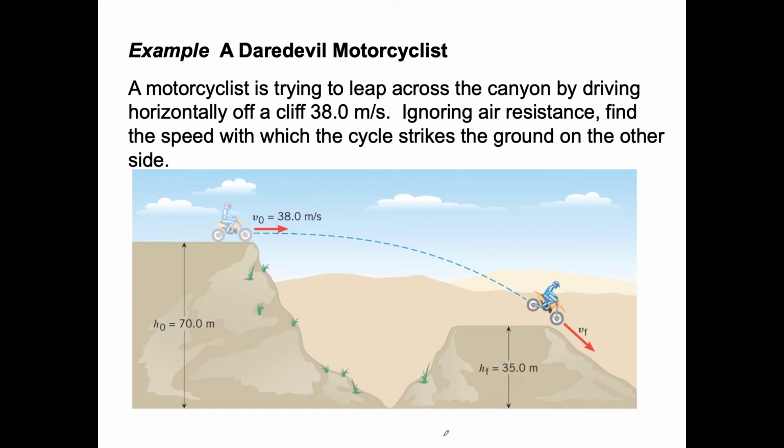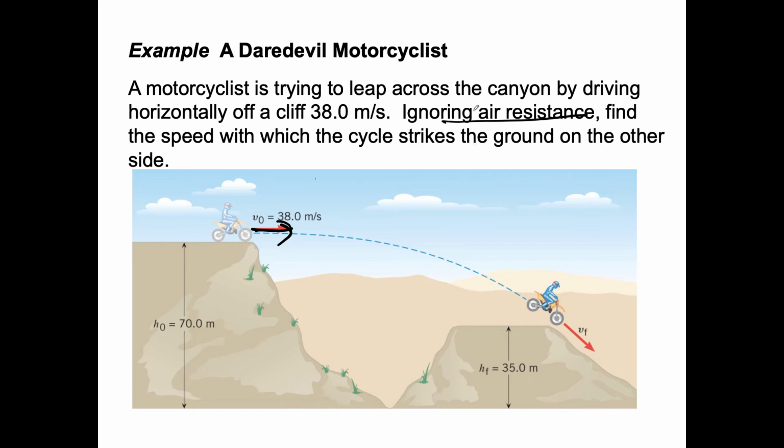Another example. A motorcyclist tries to leap across a canyon by driving horizontally off a cliff. Its initial speed is 38, and the velocity is pointing horizontally. Ignore air resistance. Find the speed with which the cycle strikes the ground on the other side. So first we have to think, can we use conservation of mechanical energy to solve this problem?